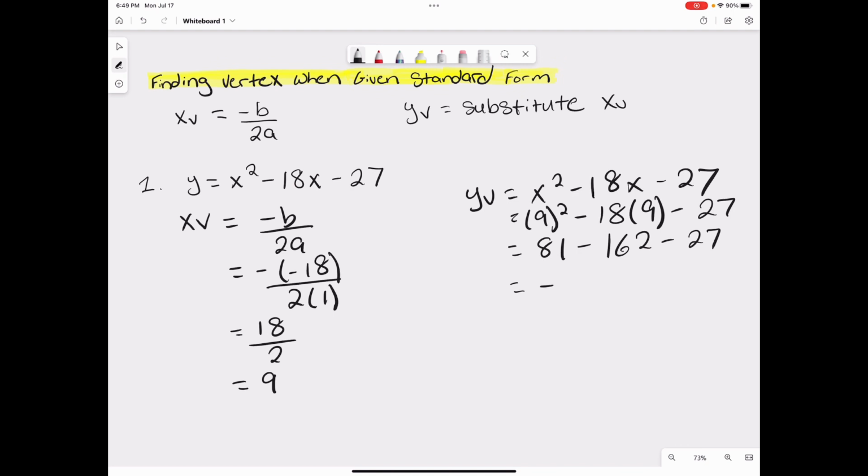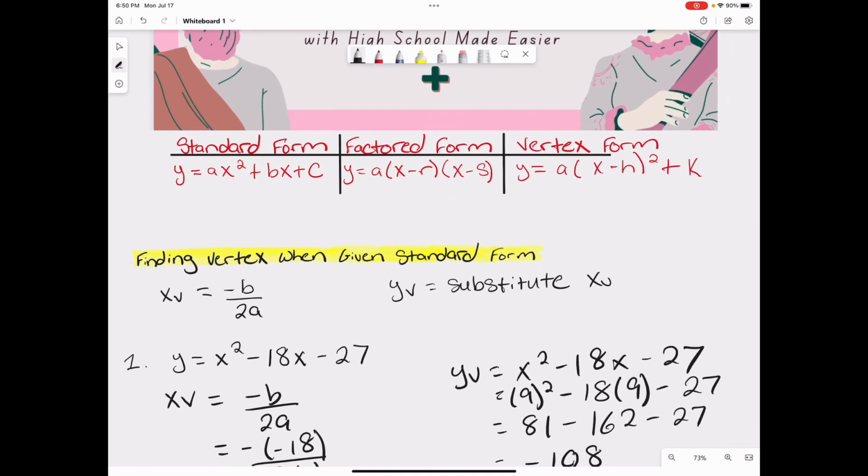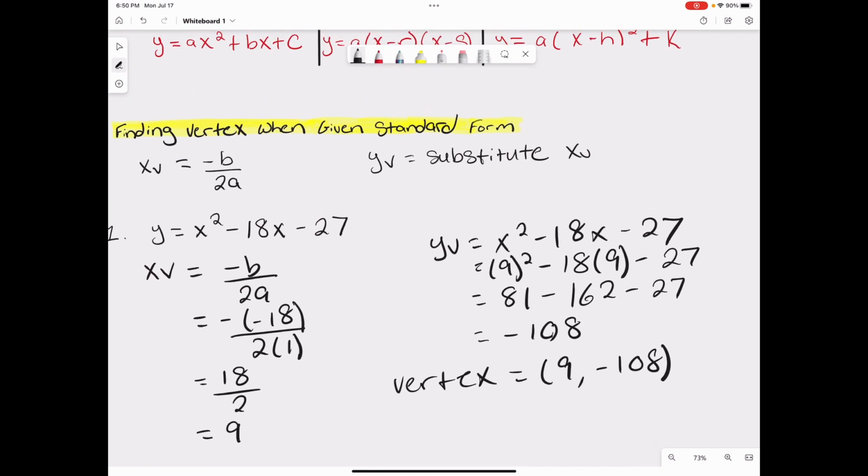And then all of this combined is negative 108. So the vertex of this parabola is 9, negative 108.